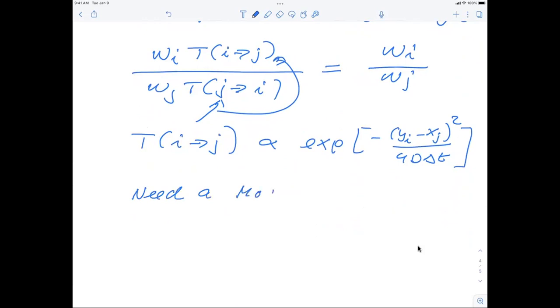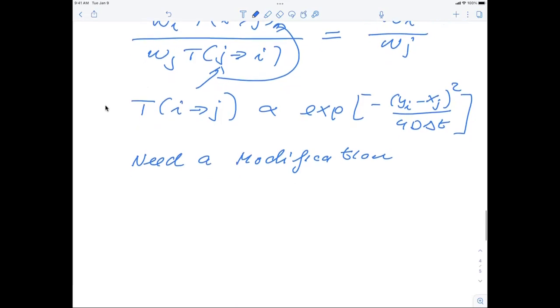And what people have done in the field of Monte Carlo simulation, and this is not only done in quantum mechanical simulation, but is something you would also do if you were to simulate other processes, is to make a modification of the plain diffusion equation.